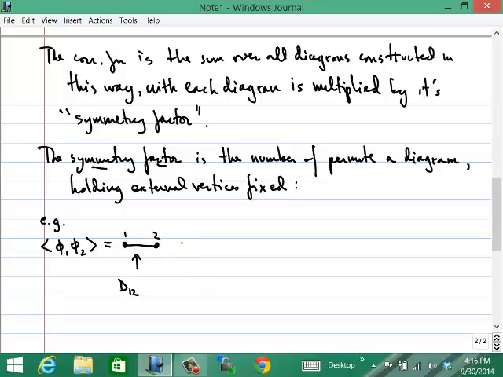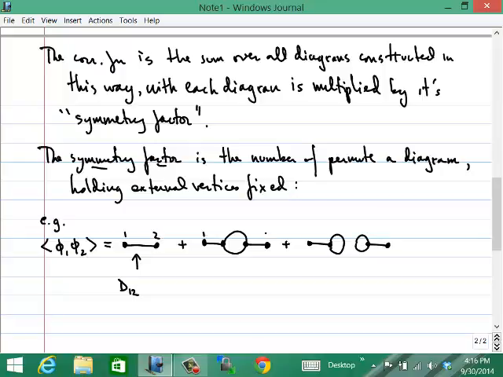And then we found various terms that were quadratic in the coupling. So there were 3 of them that looked like this.